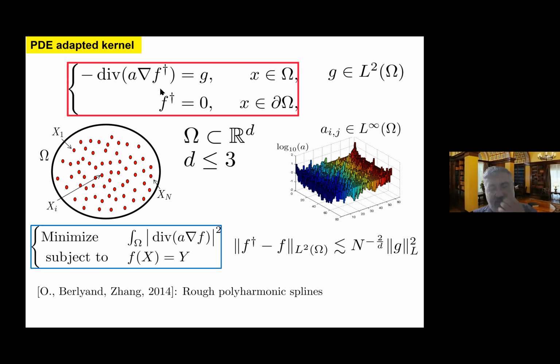Another way for me to say this is that the more regularity assumption you assume on the right-hand side, the faster rate of convergence you can get in your numerical approximation method. So if you assume the right-hand side to be analytic, for instance, and if you replace G by a Gaussian process with a Gaussian kernel, you are going to get an analytic rate of convergence if instead of minimizing the L2 norm of the right-hand side, you minimize the RKHS norm of the right-hand side defined by the Gaussian kernel, okay?